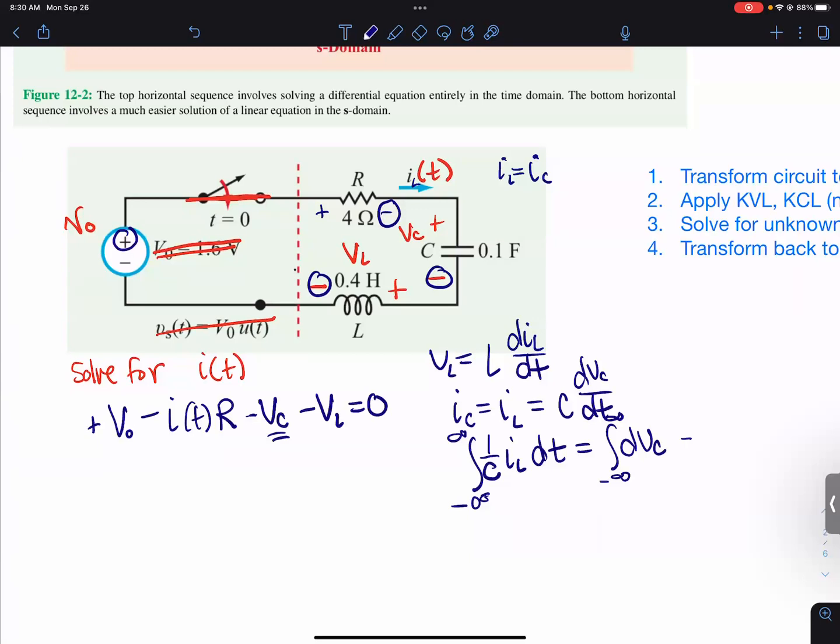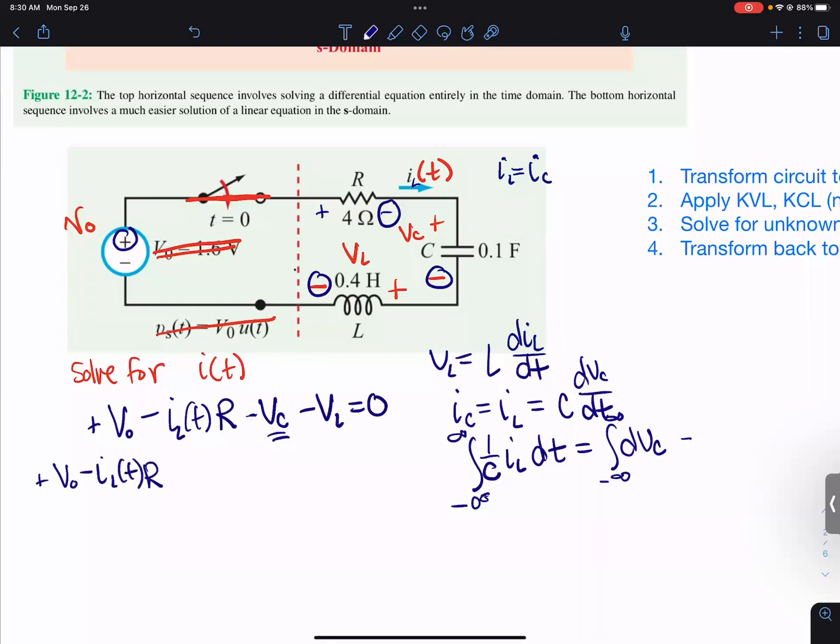So plugging this in, we have minus or plus V0. I'm going to change this to IL.